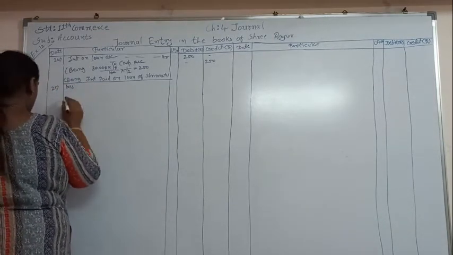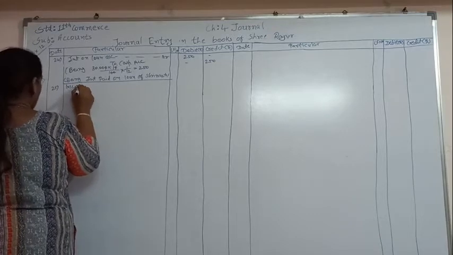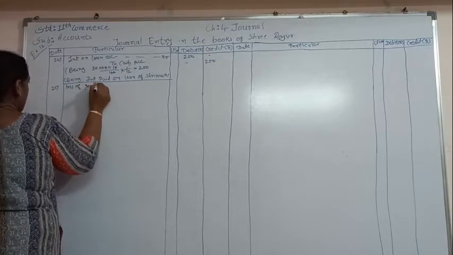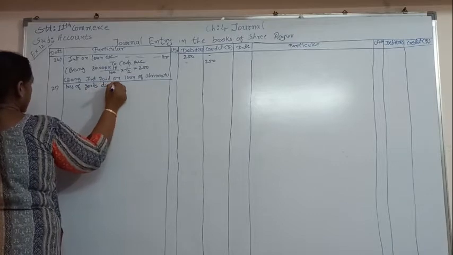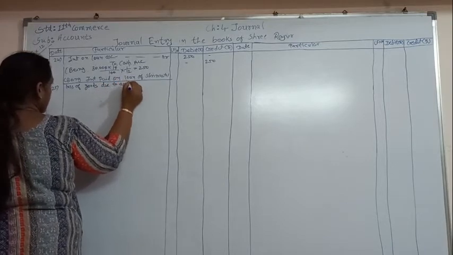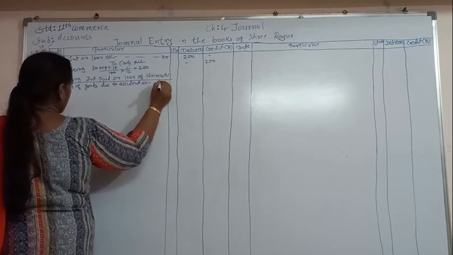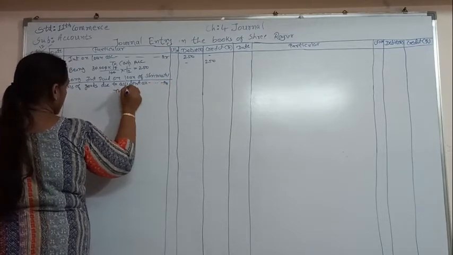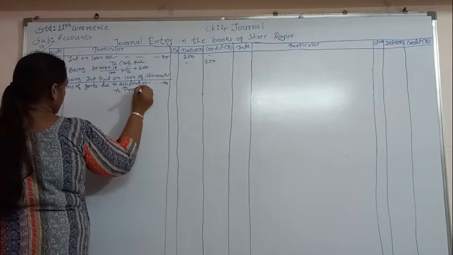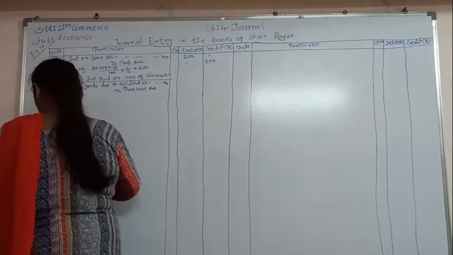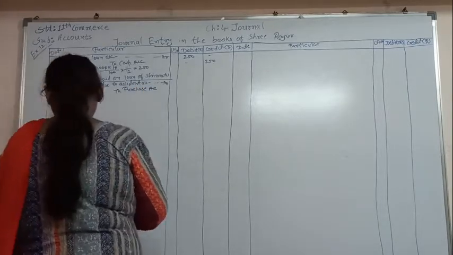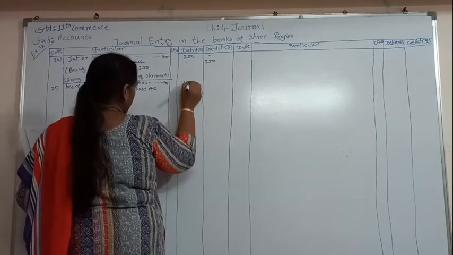Loss of goods due to accident account debit to purchase account, and the amount will be 2,500.